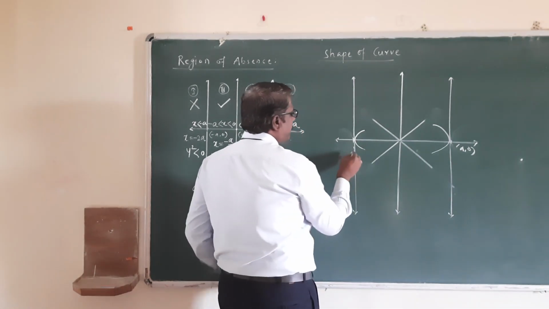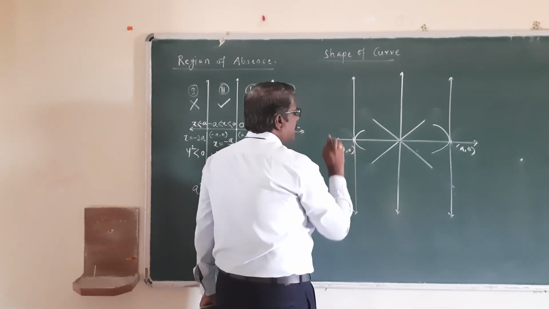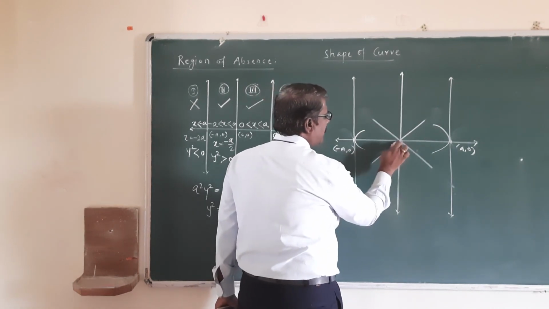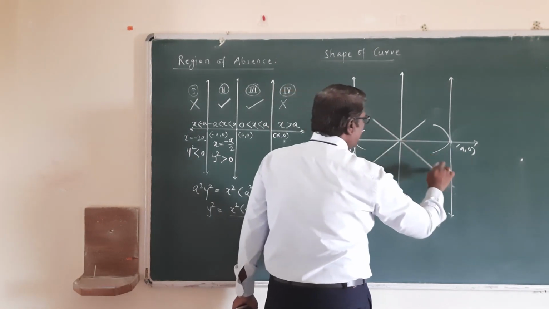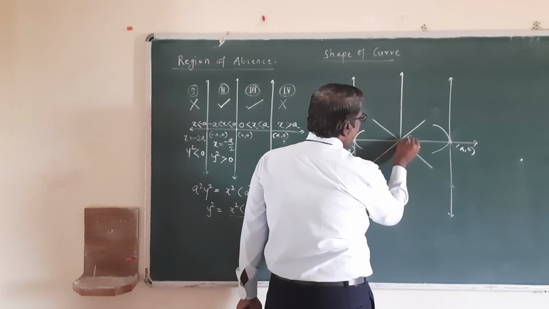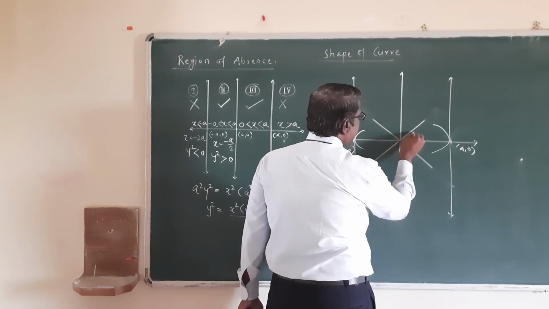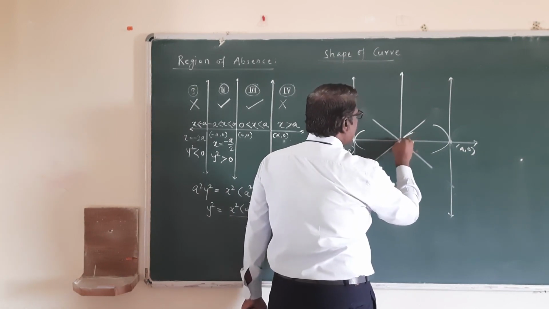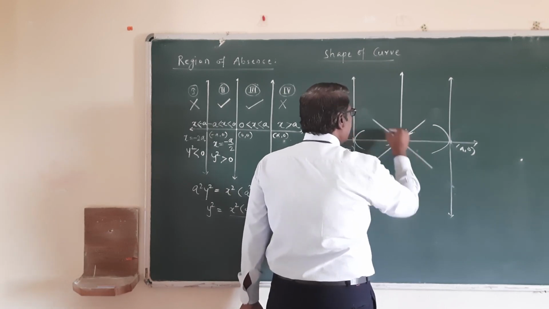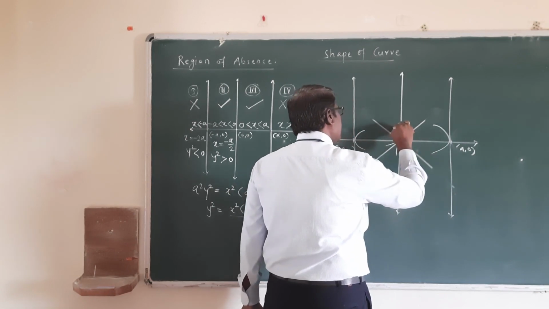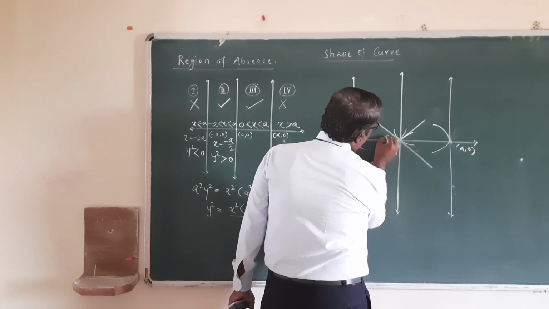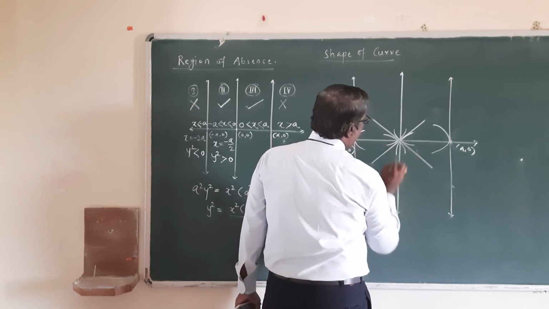Okay. Now this y equal to x is a tangent at the origin. This line y equal to minus x is a tangent at the origin. Therefore, here the shape will be like this. On this side, again on this side. As this line is tangent at the origin, the shape will be either on this side or on this side, isn't it?